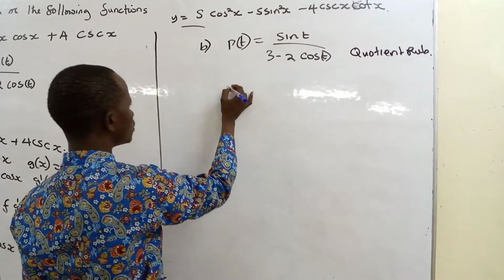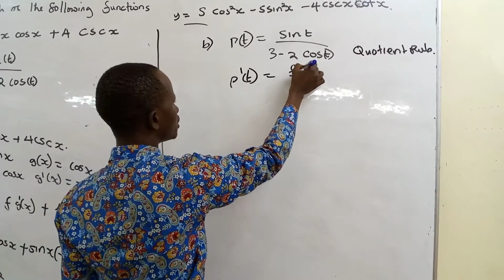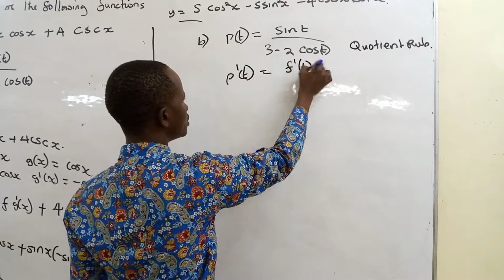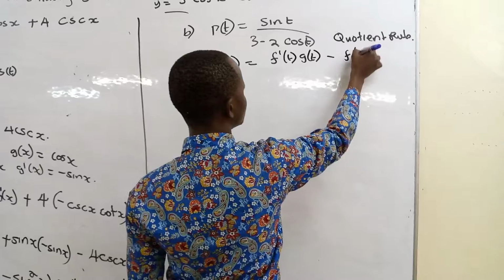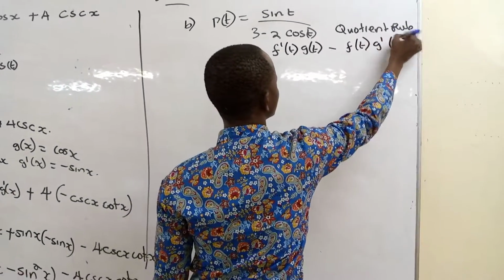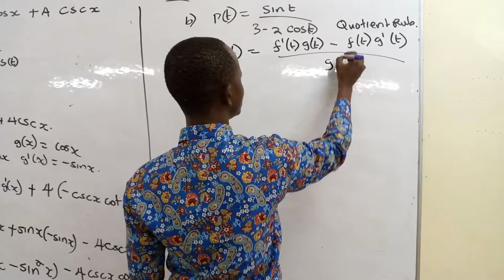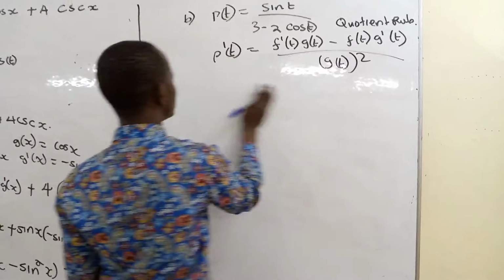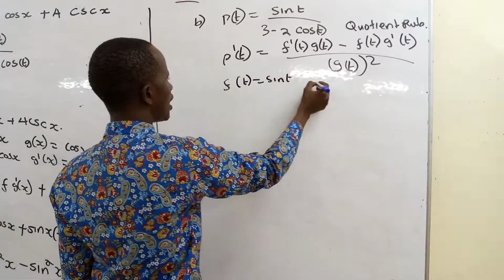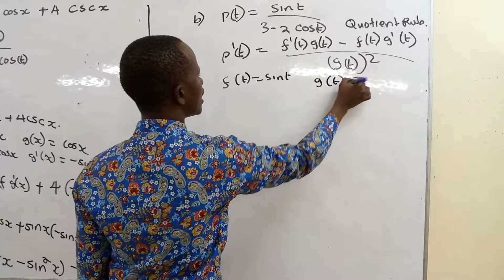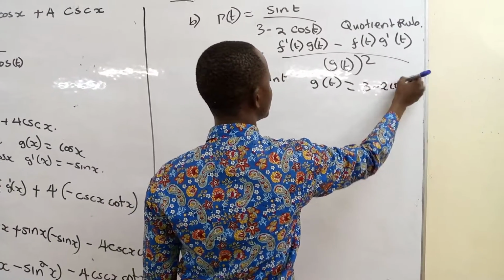To get the derivative, it is f prime g minus f g prime over g squared. We identify f of t as the sine of t, and g of t as all of this term, 3 minus 2 cosine of t.